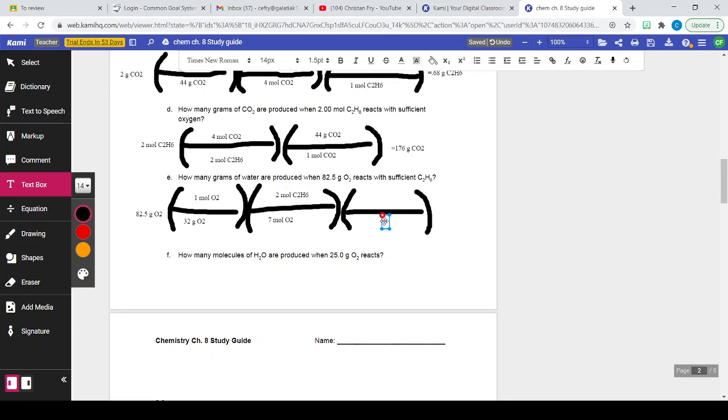Now I'm going to do a moles to grams again, so it's going to be 1 mole. And we said the C2H6 is 30 grams, I believe. Okay. So I'm going to take 82.5 divided by 32 times 2 divided by 7 times 30. I get 22.1 if you round.